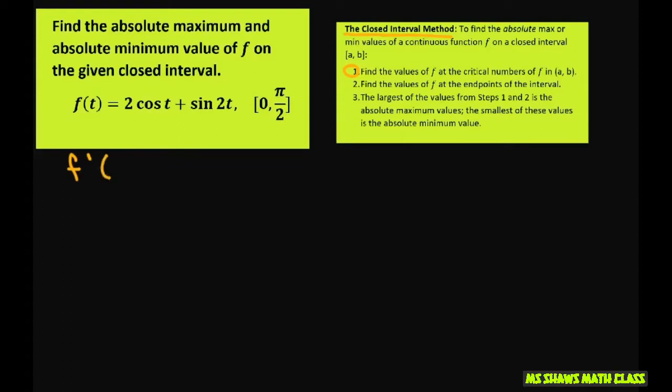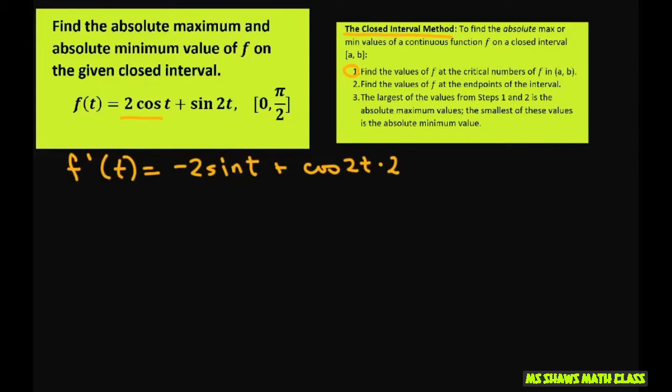So basically, we have to take the derivative for critical numbers. So f prime of t, now the derivative of 2 cosine of t is negative 2 sine of t, and the derivative of sine of 2t is cosine of 2t, then you multiply it by 2. Now, I'm going to simplify this.